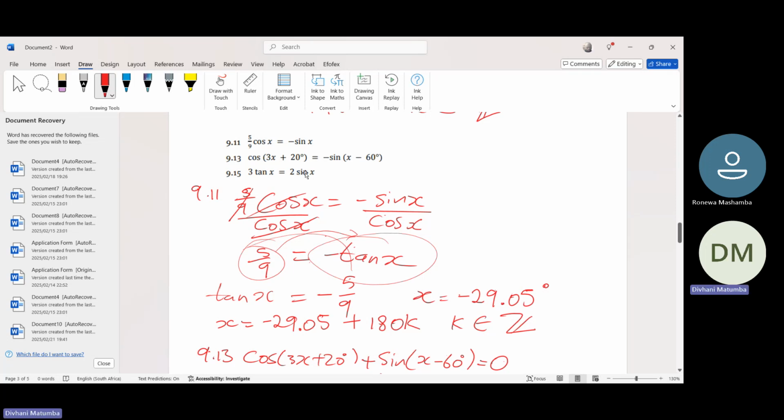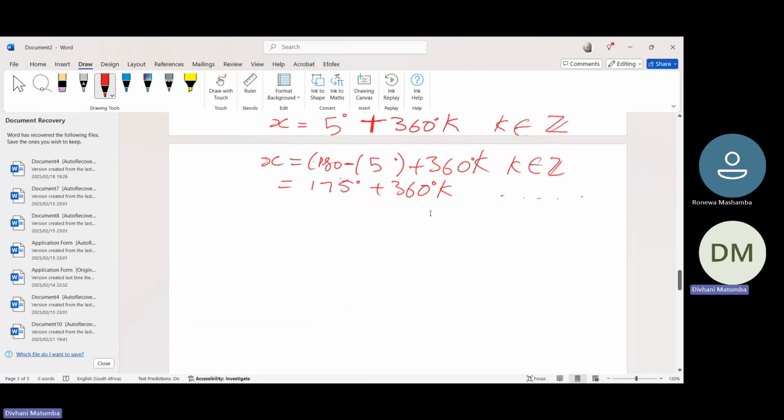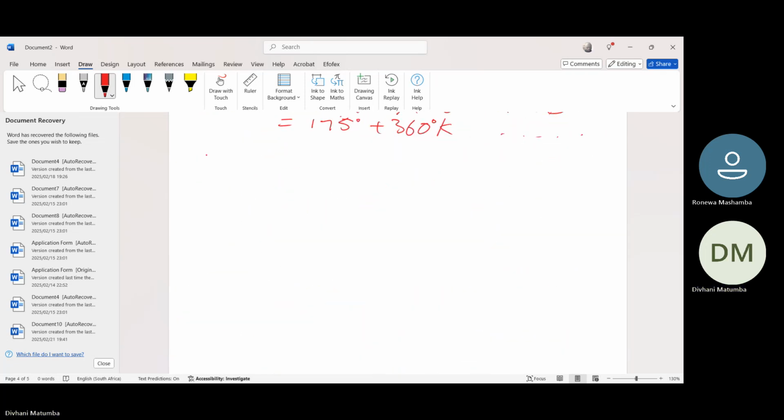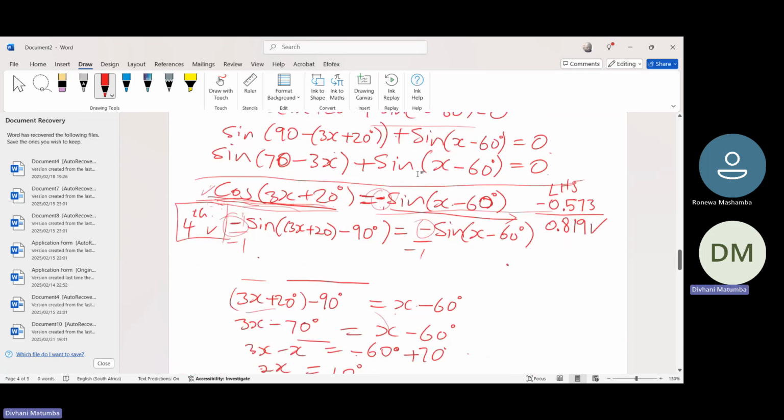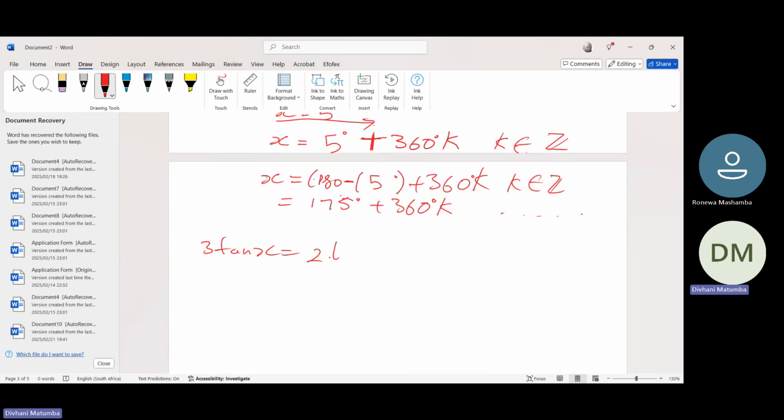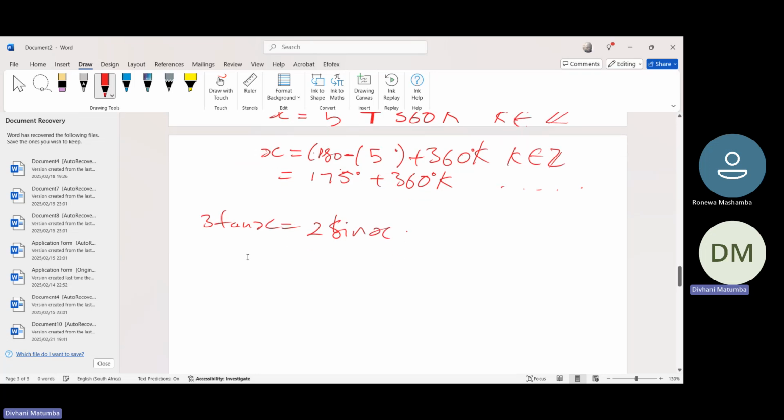Okay, let's do the last one. 3 tan x equals 2 sine x. Let me check. 2 sine x. Okay, perfect. So, Rhonda, where do we start?